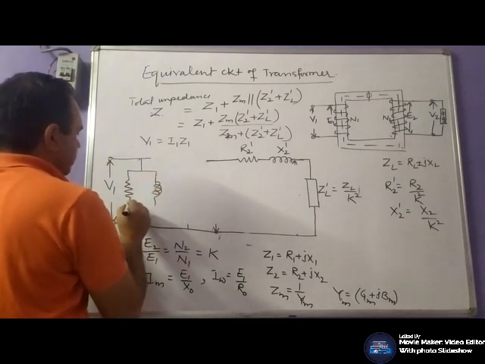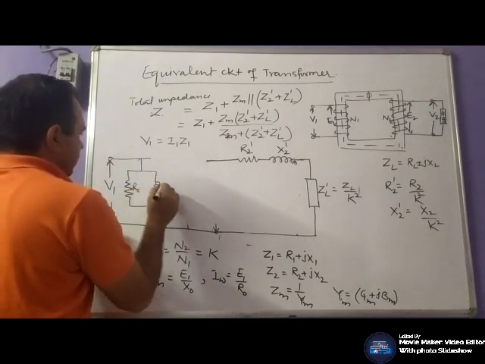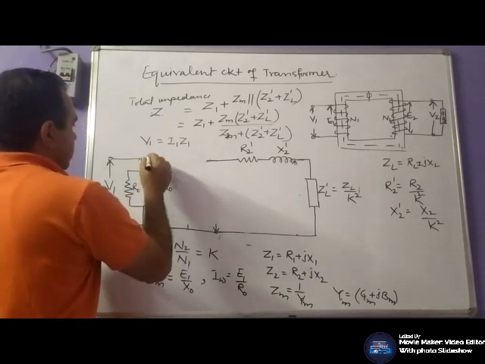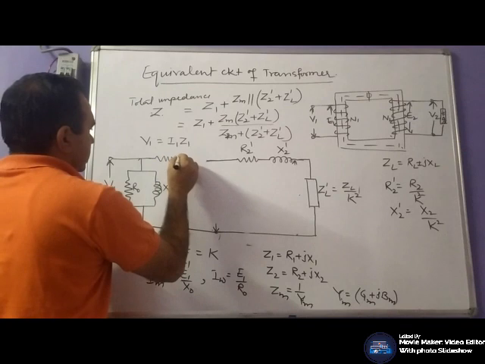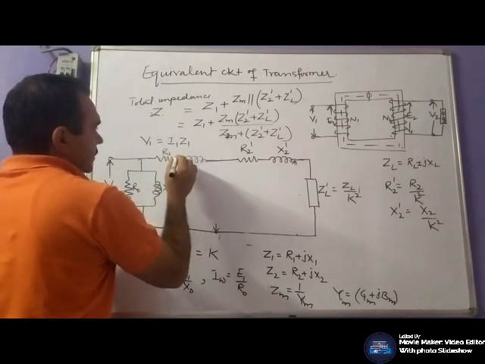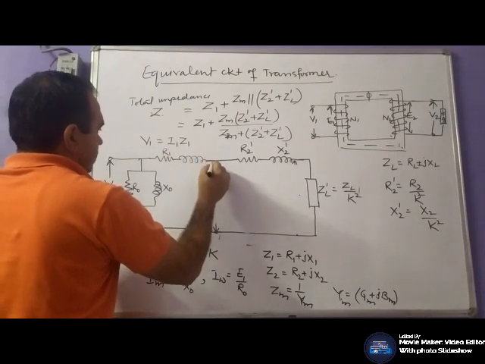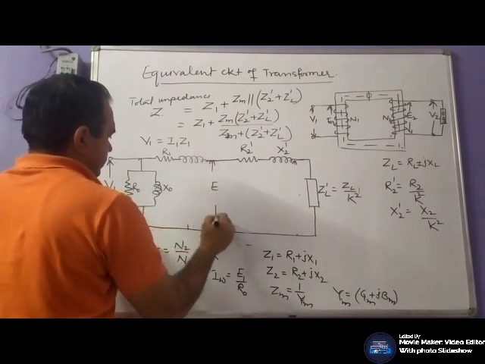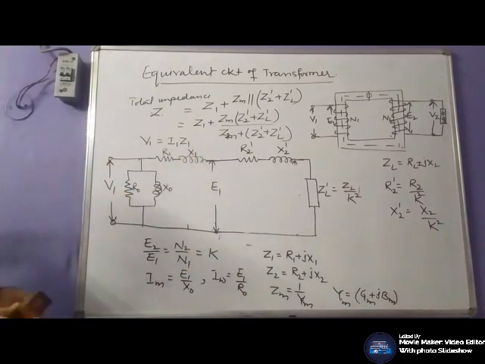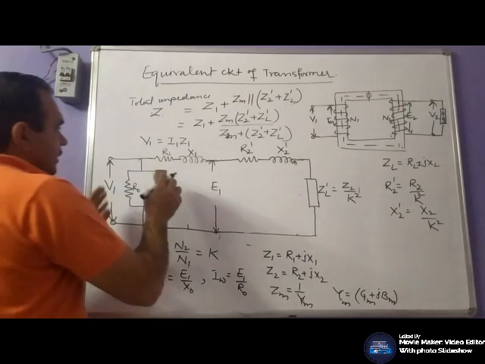That would not affect the result largely. So for simplification purposes, we keep R1, X1. Now, what will be the total impedance?